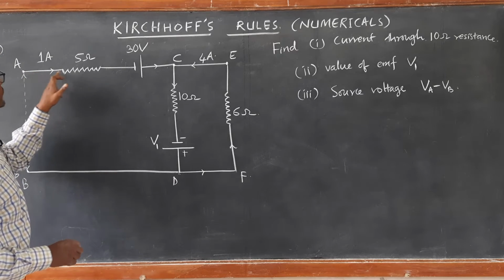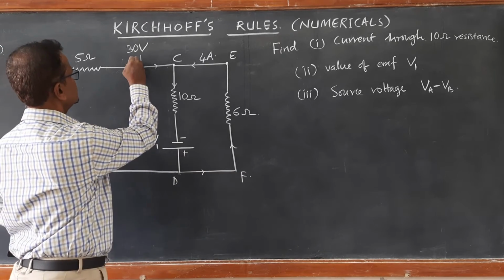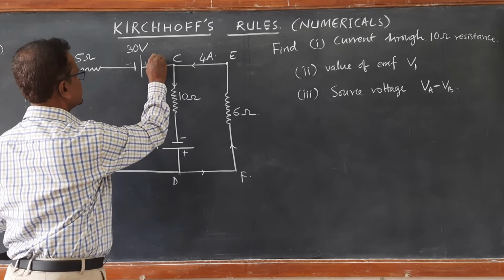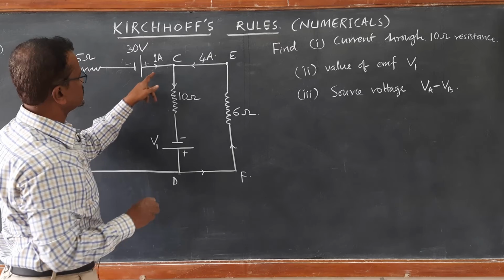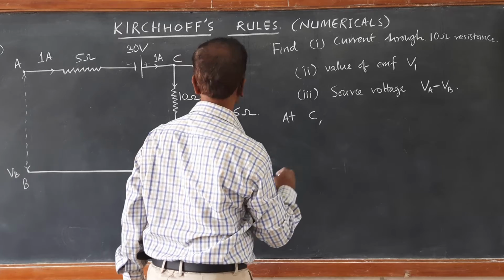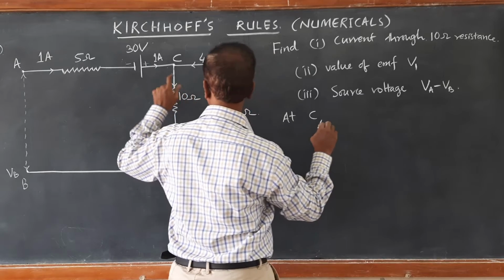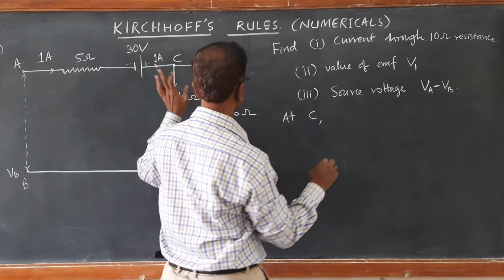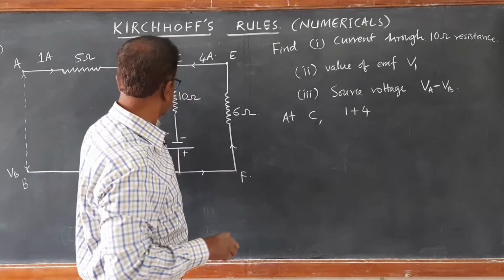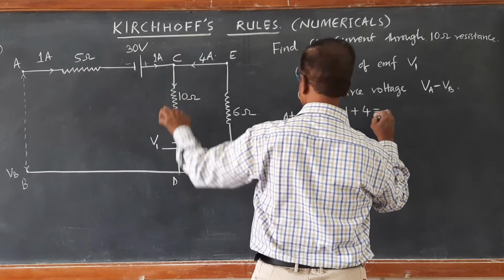Given things are 1 ampere of current flowing through 5 ohm resistance, and there is a 30 volt cell here, 30 volt battery, and here the current is flowing like this. So 1 ampere of current is flowing. So at C what happens? At C, using KCL, C is the junction, the currents entering is equal to 1 plus 4, equal to the current leaving down this CD branch, that is 1 plus 4, that is 5 ampere.